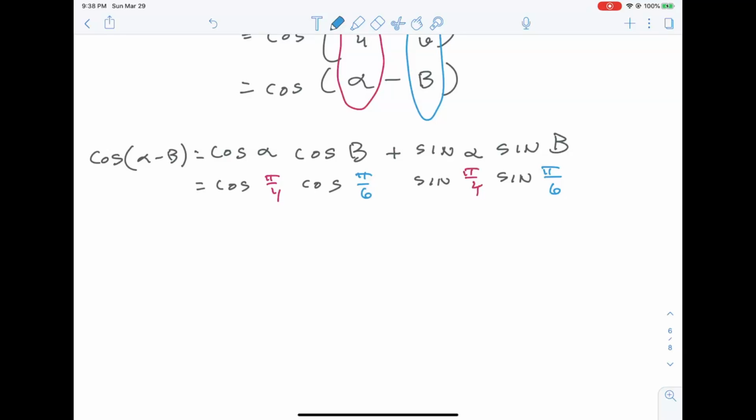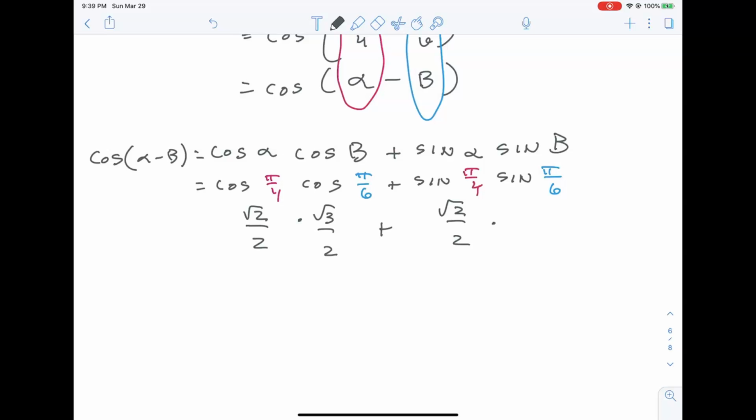All right, so the cosine of pi over 4 is radical 2 over 2. Cosine of pi over 6 is radical 3 over 2. Plus sine of pi over 4 is radical 2 over 2.